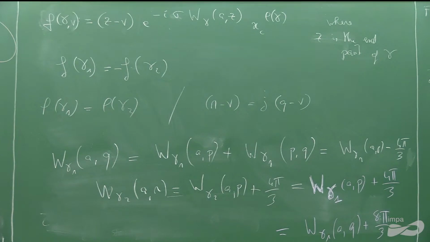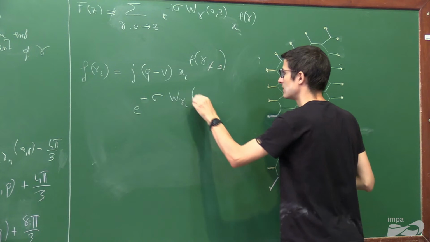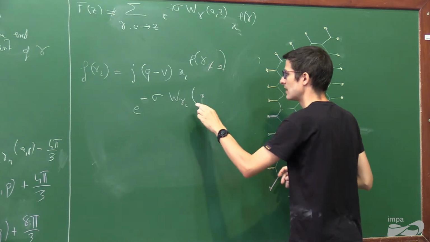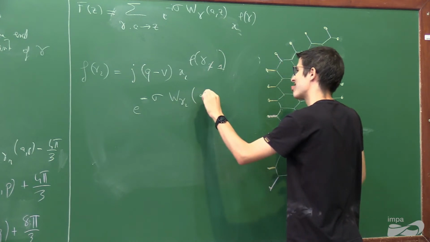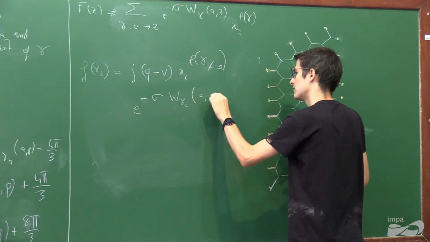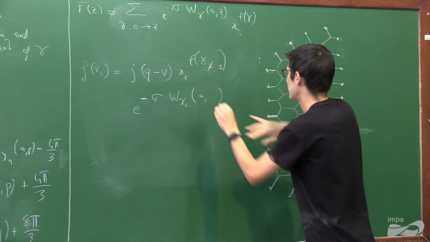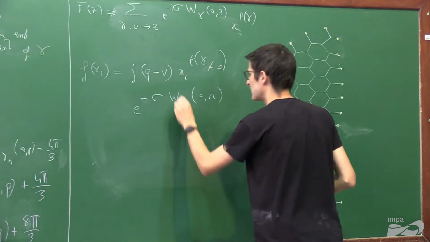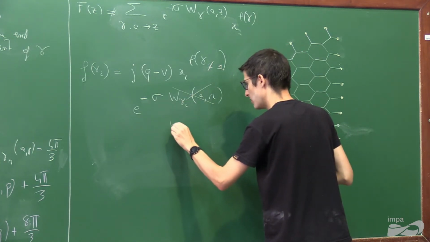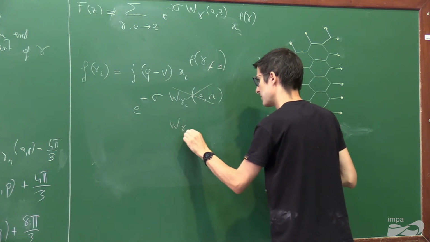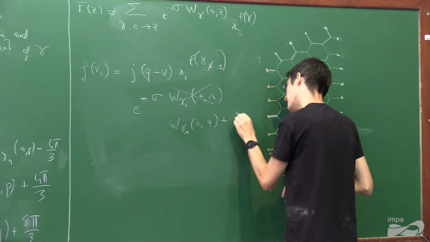Okay, so A, Q, A R, sorry. Okay, but this is W gamma 1 A Q plus A pi.